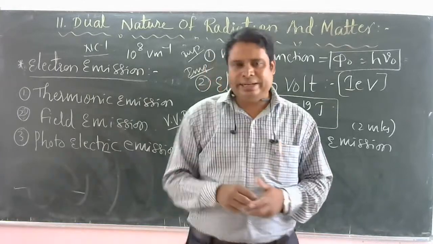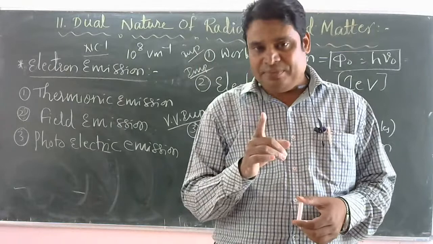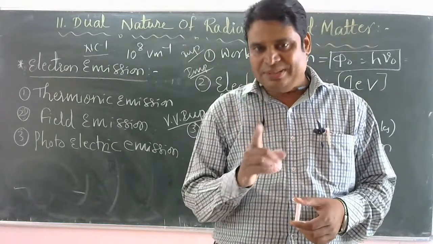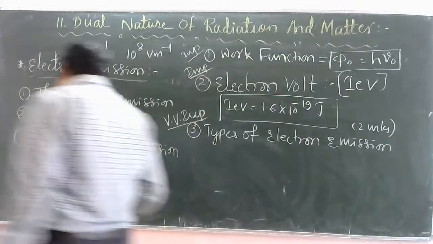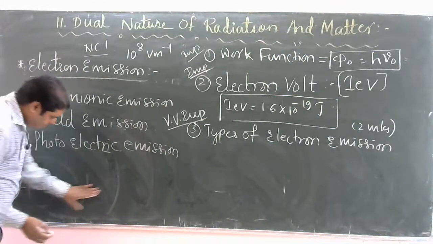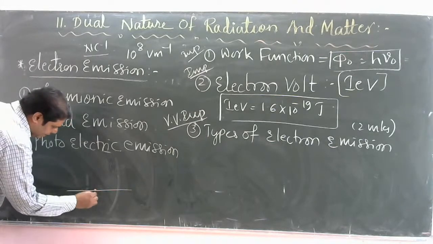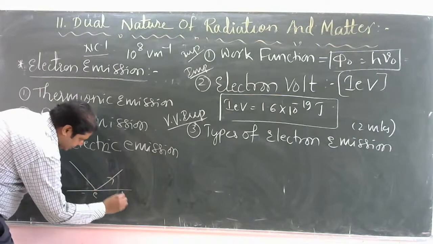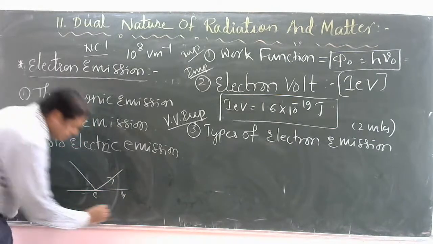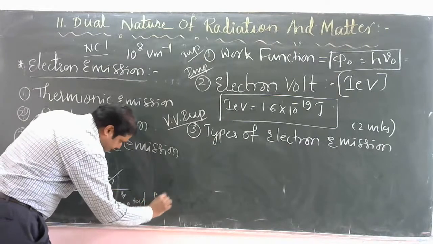What is photoelectric emission? It is a process of emission of electrons from a metal surface. This is the metal surface.